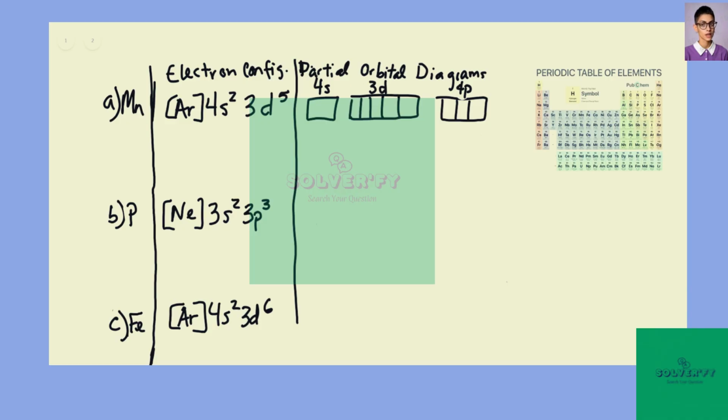Now to fill, okay, we have 4s, so we have the up and the down.